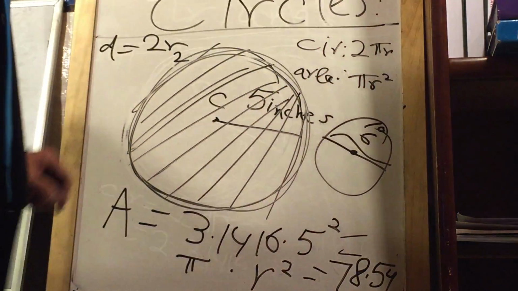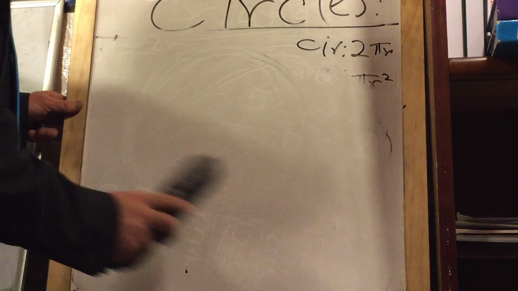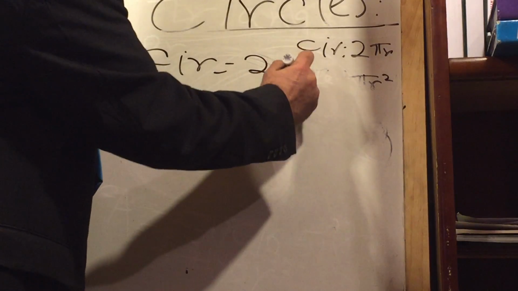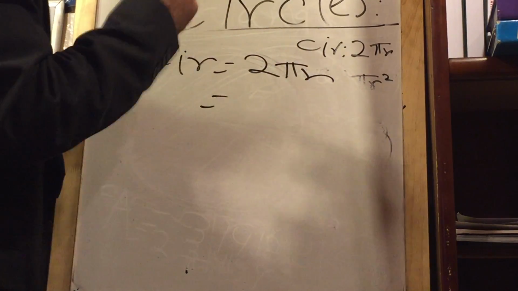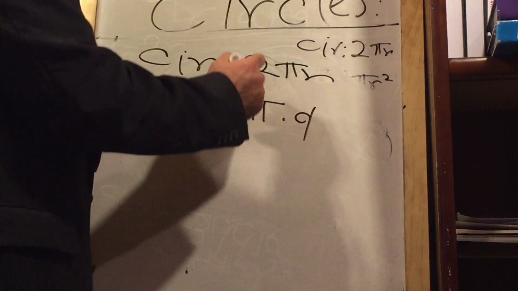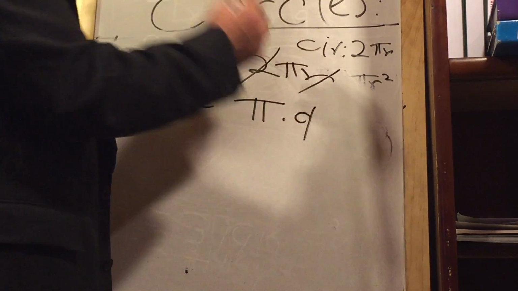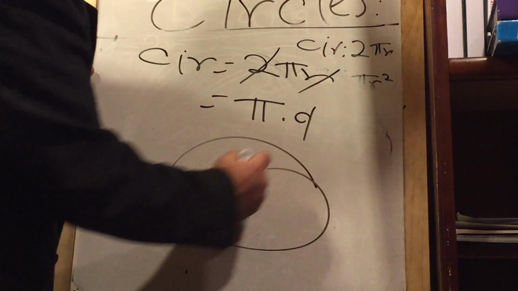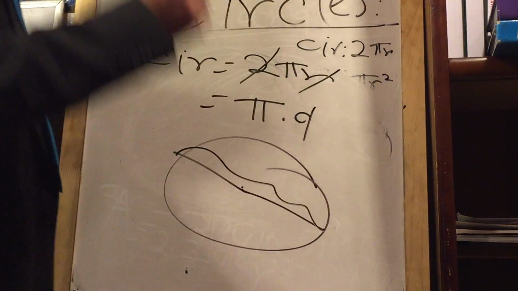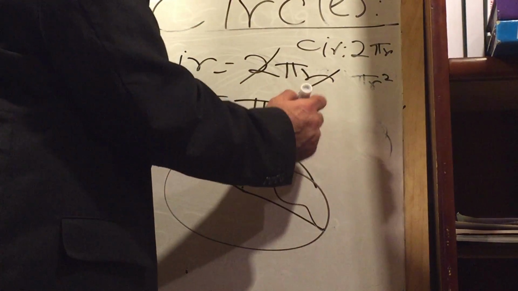So all you have to do to figure out the circumference is 2 pi r. The circumference is 2 pi r, same as saying pi times diameter, because this and this is the diameter, right? 2r is this whole thing; this is the radius, and this is the diameter, 2r.